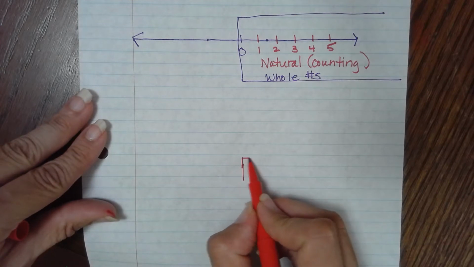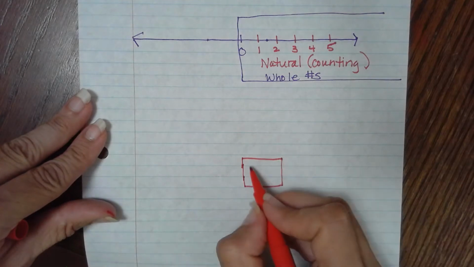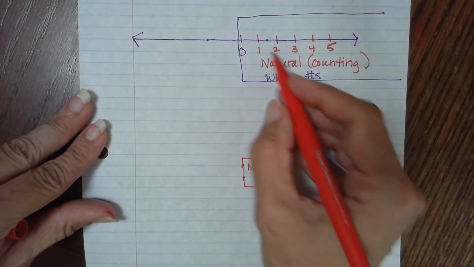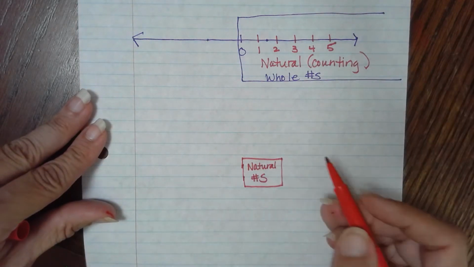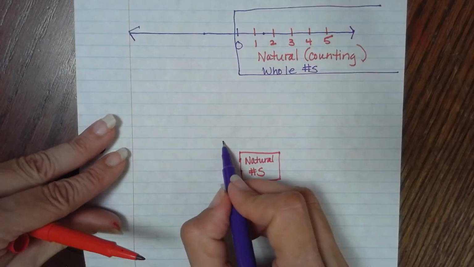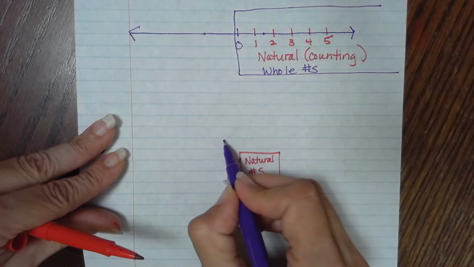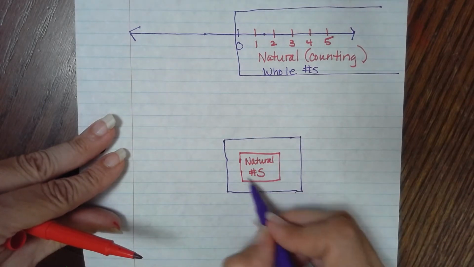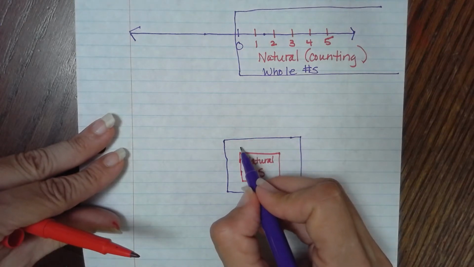So your smallest set or category of numbers is natural numbers, because it's only what you see in red and beyond. It goes to infinity. Natural numbers. So the next size group, category, subset of numbers would be your whole numbers, because whole numbers is all of your natural numbers, but it also includes 0.